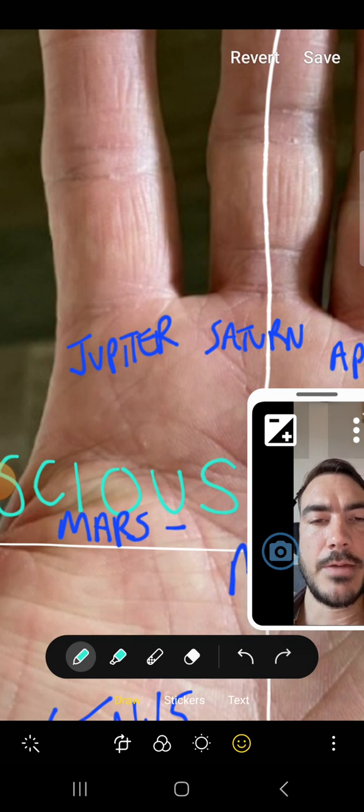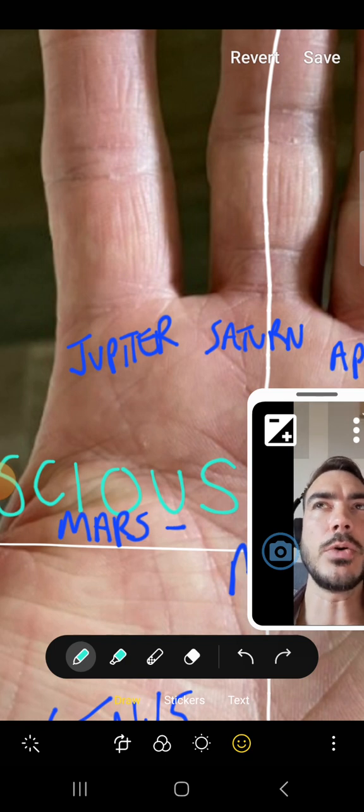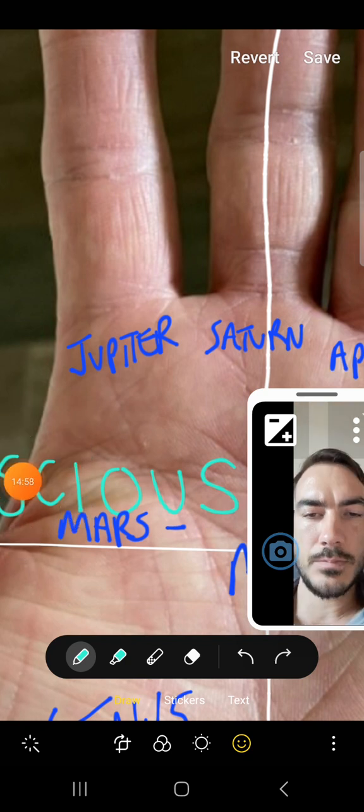If a mount is flat or depressed or even concave, then it's devoid of the abilities or attributes or characteristics associated with that mount, and there's work to be done there.